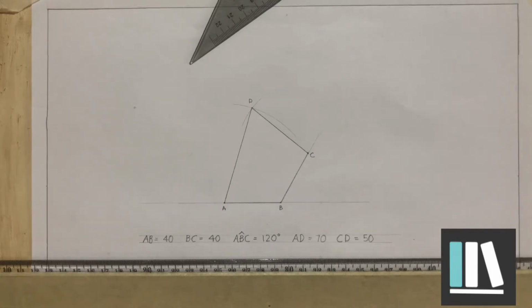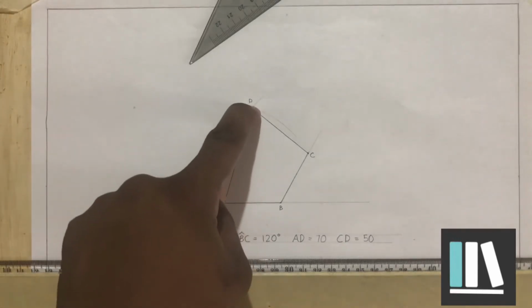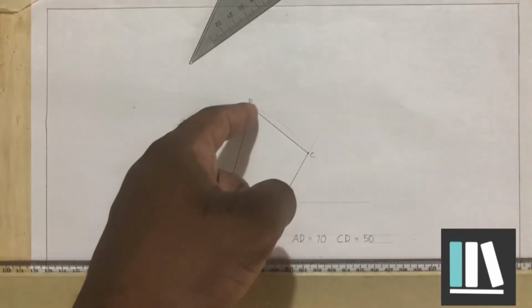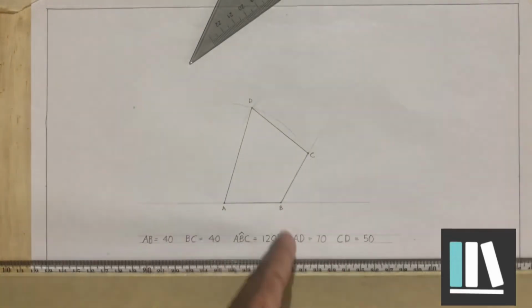If you notice in the last video, you connected the top of the pentagon to both points A and B. In this case, you're going to connect the apex of the shape, which is D, to only one point. You cannot connect D to A because there's already a line there, so you're going to connect it to B.